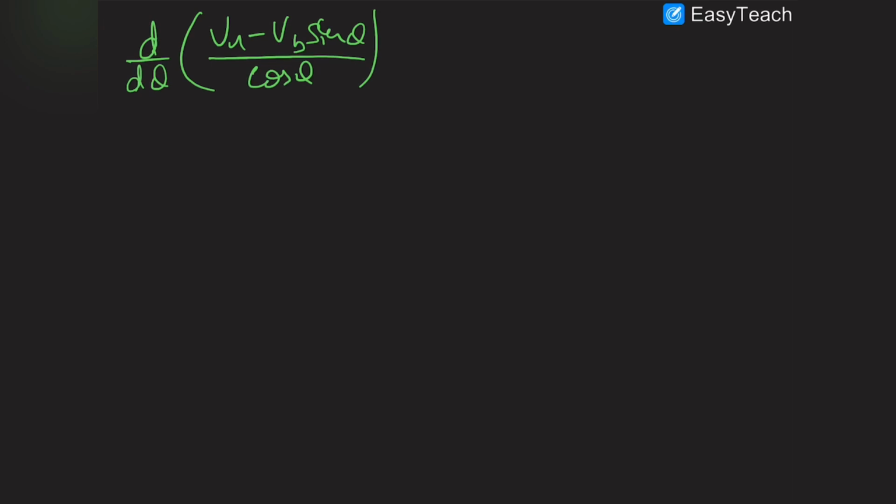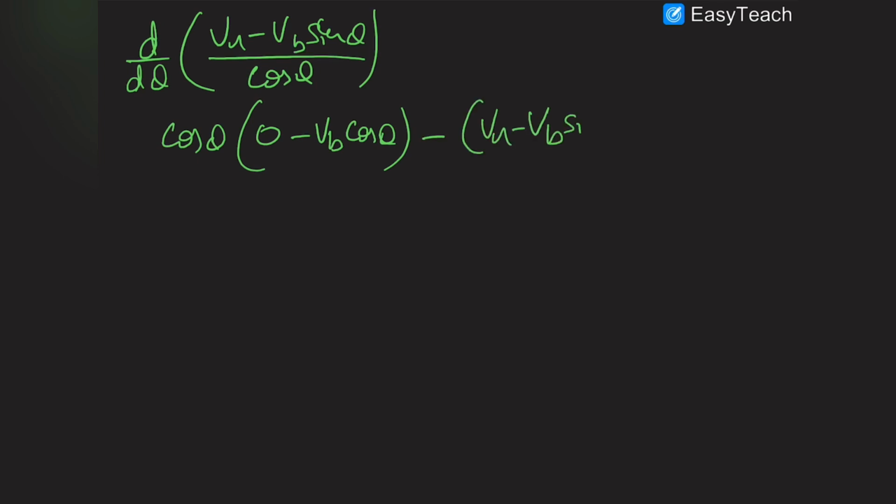So you can see that cos theta into the differentiation of VR, which is 0, and this is minus VB cos theta, minus VR minus VB sin theta into the differentiation of cos theta, which is minus sin theta, so it would be plus. And I'm not writing upon cos square theta because it has gone into 0.